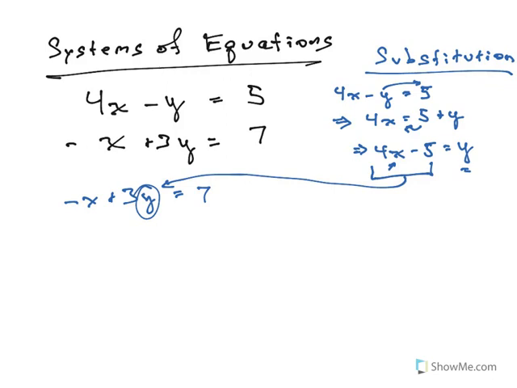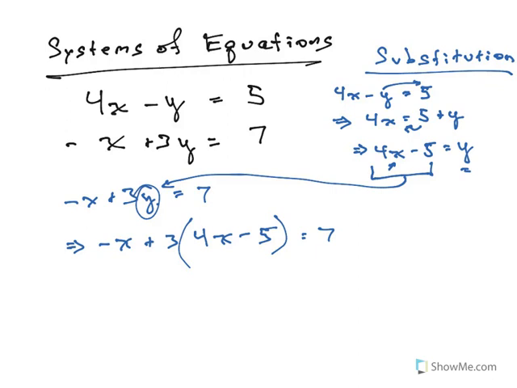Because I know y is this thing, and anywhere I see a y, it's that. So when I plug all of that stuff in for this y here, I get minus x plus 3 times y, it turns out, is 4x minus 5 equals 7.